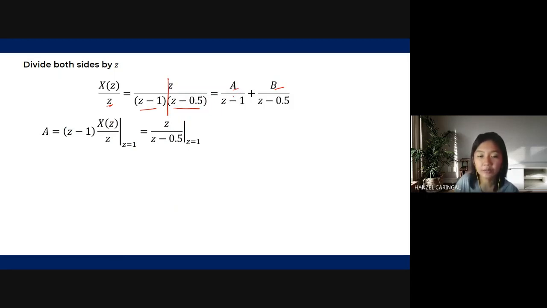We start by solving for A. To solve for A, we multiply both sides by z minus 1. Why z minus 1?